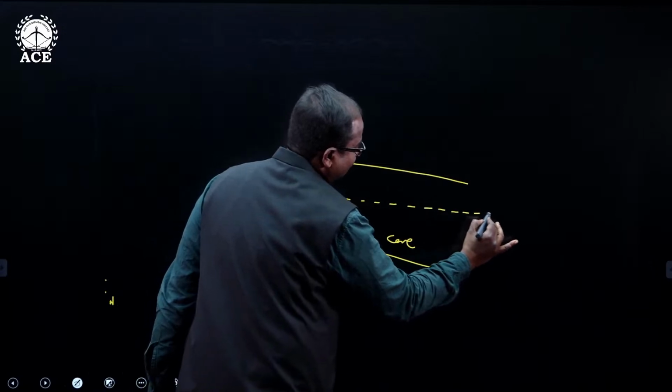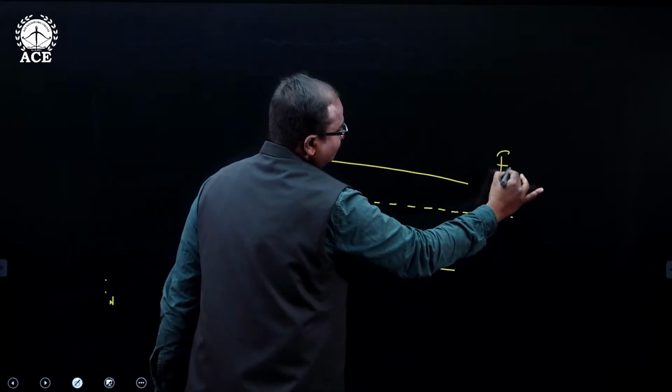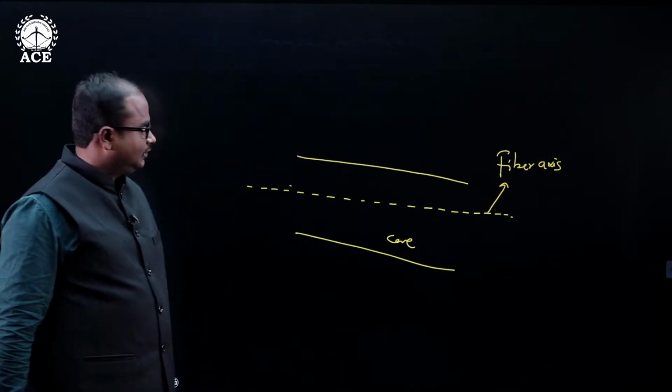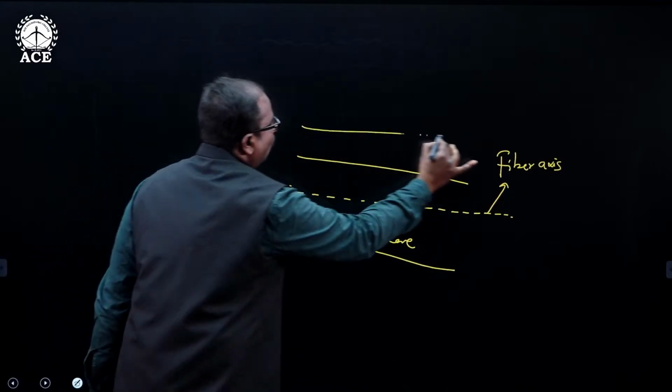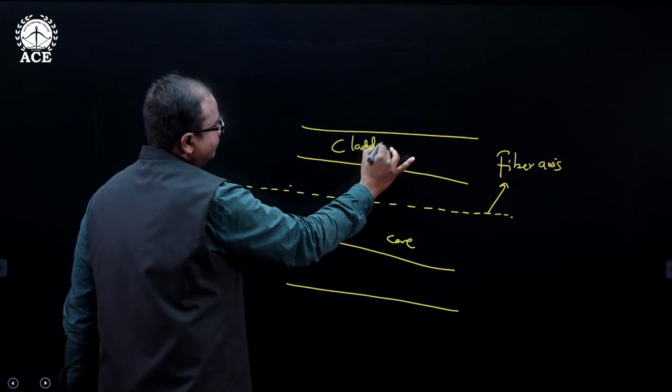An imaginary axis passing through this core medium, we will call the fiber axis. The core is surrounded by cladding like this. This is cladding.